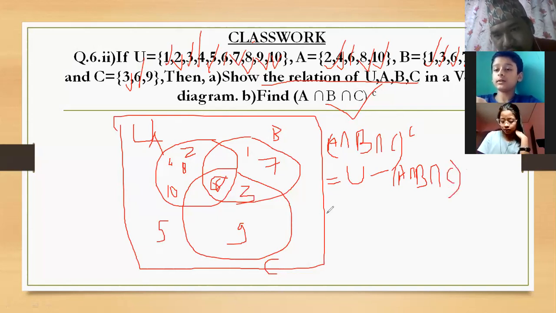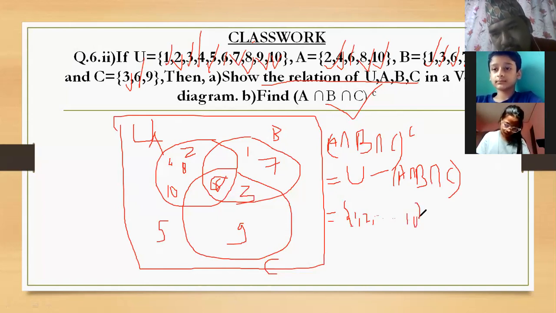Then what is U there? The universal set. Write all that: 1, 2, and dots up to 10. Right, up to 10.